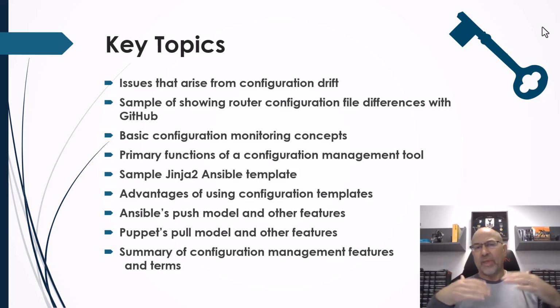What do we want the minute we have a lot of things to manage? So, the primary functions of our configuration management tools. We'll take a quick look at a template and configuration file example, and then we'll talk about what templates bring to us. And then again, we'll talk about the three different tools that are seeing the most use today.